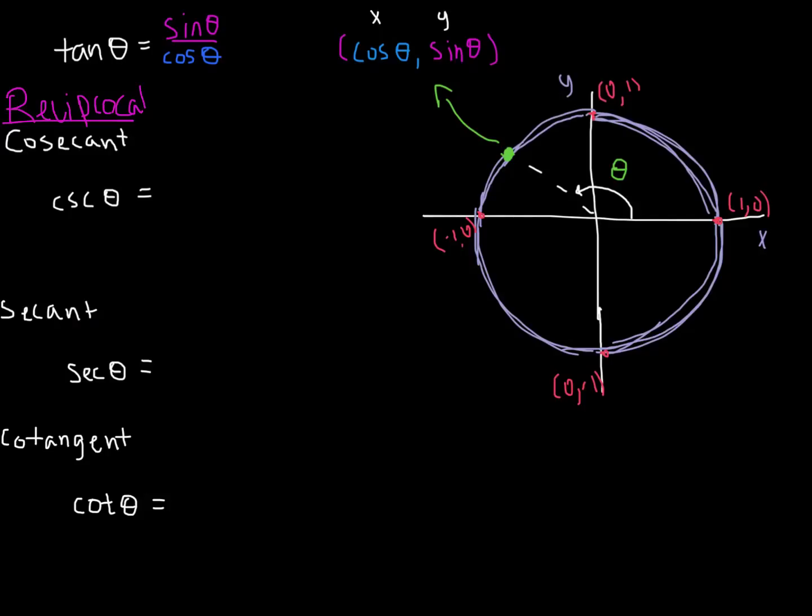And what that means, reciprocal, right, means my numerator and my denominator switch their roles there. It's not too hard to remember. And so cosecant is just going to be 1 over the sine of theta. Secant is going to be the reciprocal of cosine, so it'll be 1 over the cosine of theta. And cotangent is the reciprocal of tangent, so instead of sine over cosine, it's going to be cosine of theta over sine of theta.